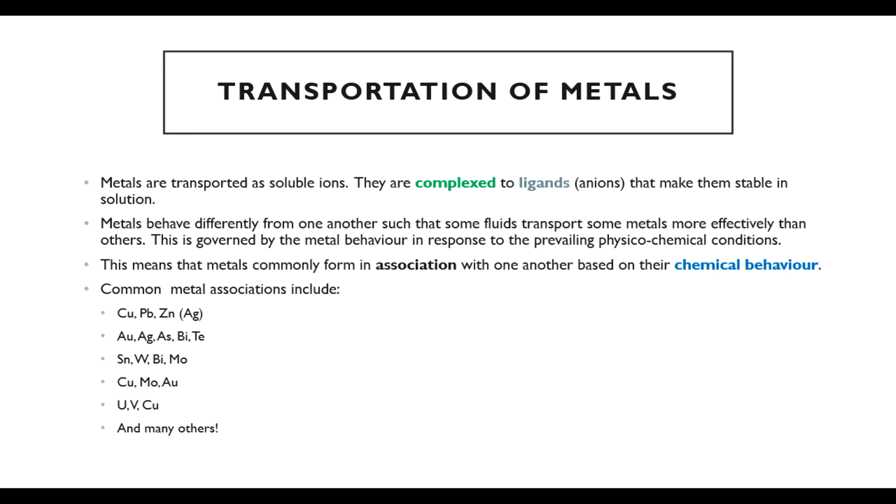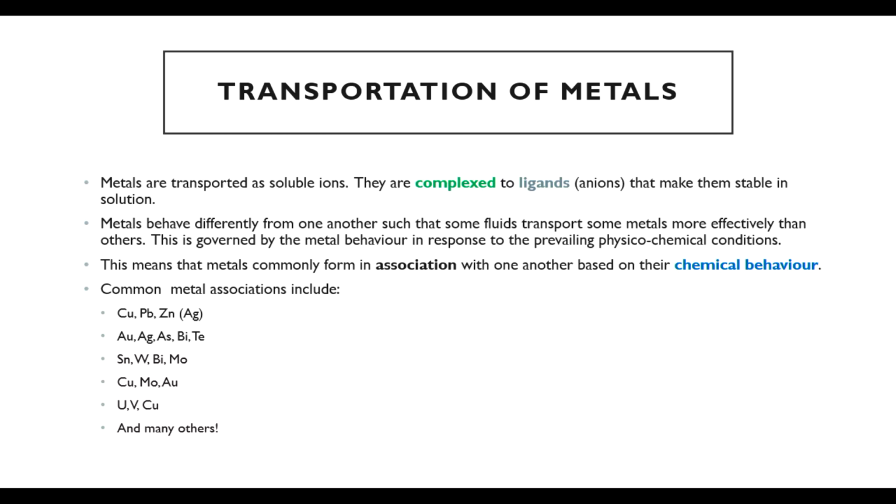So the transport of the metals. Metals are moving as soluble ions, so they're dissolved into the fluid. And they're predominantly moving as cations, so positively charged elements. So they need to bind, or they like to bind to something else to move through.